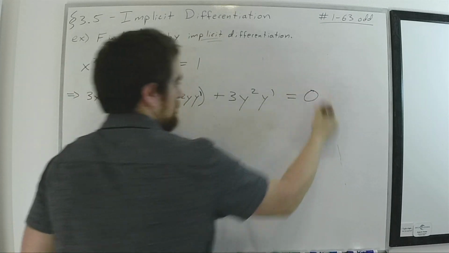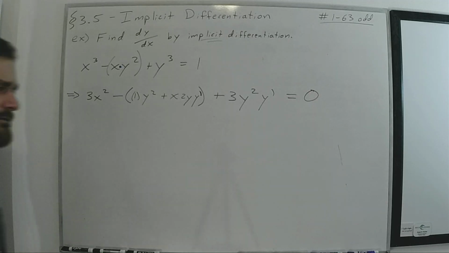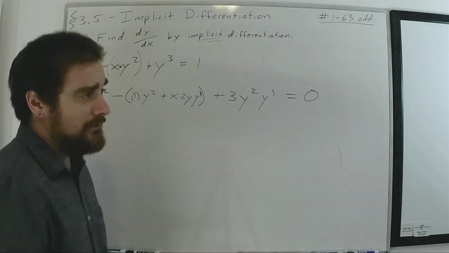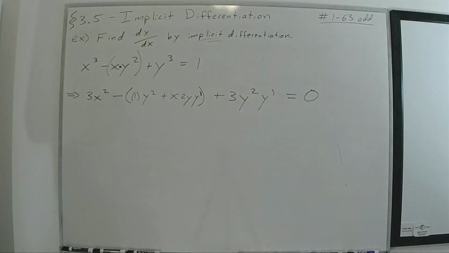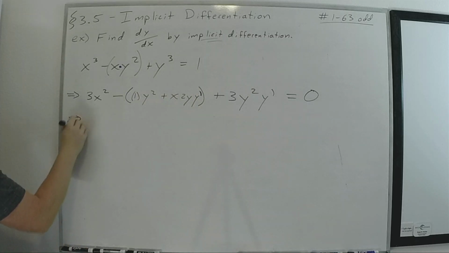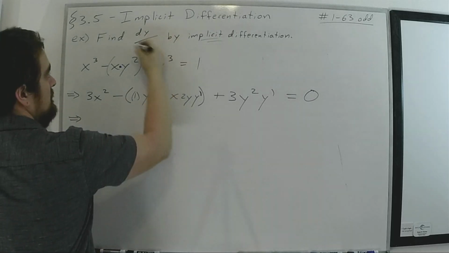Right-hand side is easy. A lot of the problems in the textbook, and most of my problems on the study guide, there's probably just a constant lingering over there. I'll do one where it's not just a constant over there so you guys can see. All right, well, let's clean this up because our goal is to find dy dx.